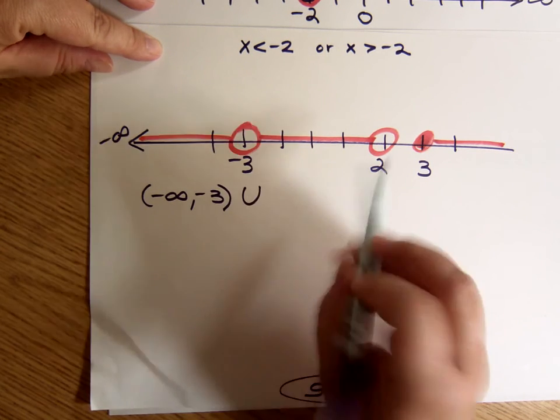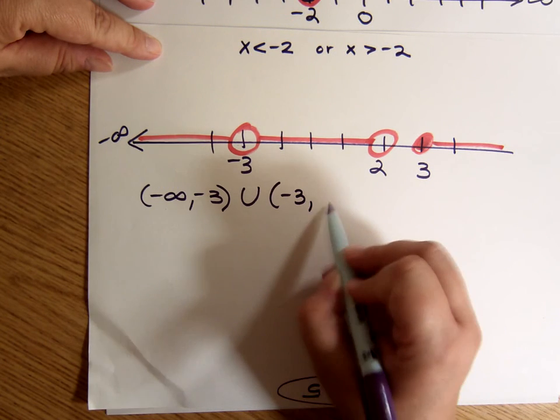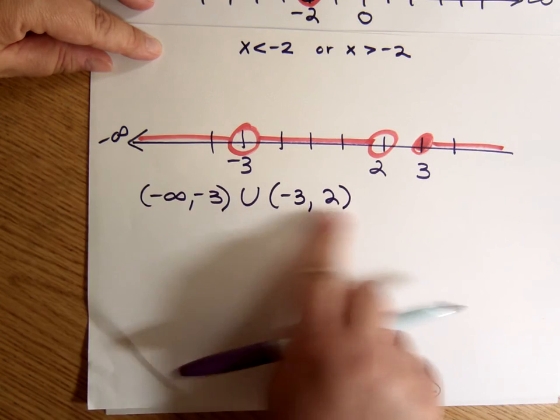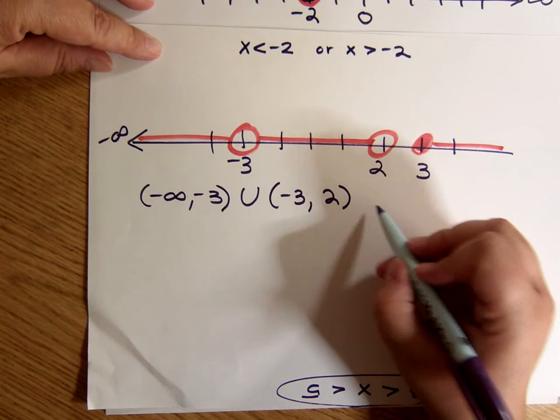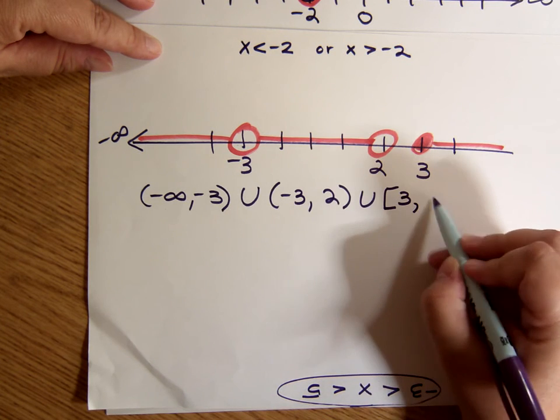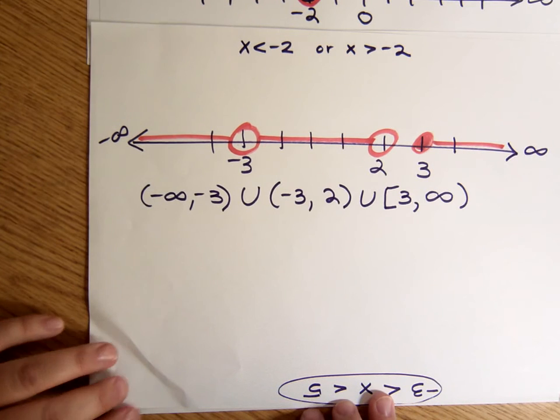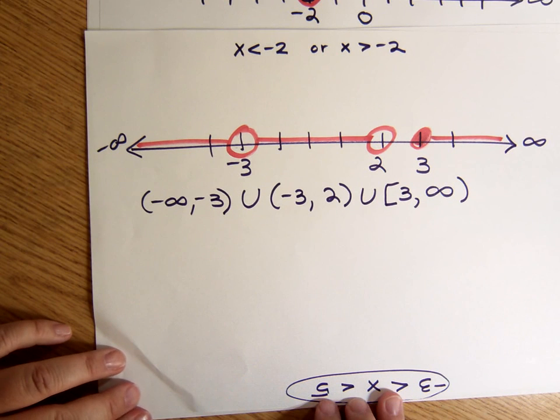And I have the section between negative 3 and 2. None of these are included yet, so all of these are just parentheses. But I also have a section over here that starts at 3 and goes to positive infinity. And that one includes 3. So that's what I was saying. You might have a bracket with something else going on.